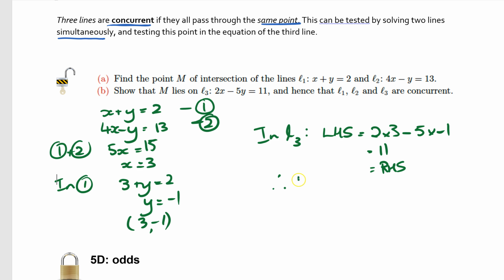Therefore, M is on L3. Therefore, L1, L2, and L3 are concurrent. You can never have too many words. So, have a go at the odds in 5D.